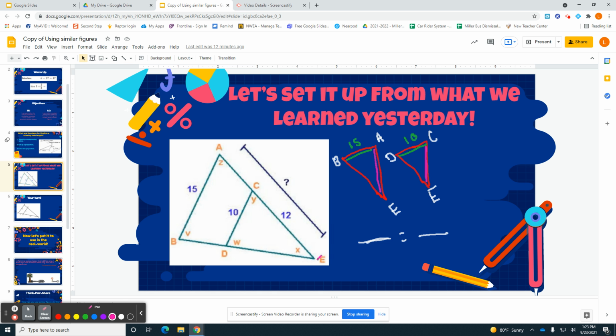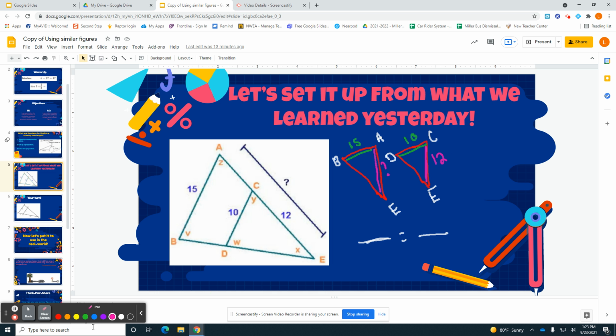Do we know how long AE is? It is not 12. 12 is CE. You see how we have this line here that goes from here to here and has a question mark? That is because we don't know how long AE is. So that one is our question mark. And then we have CE, which is 12.